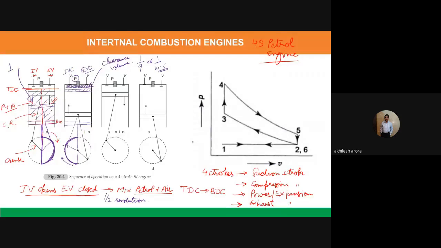Though the temperature after the compression is quite high, it is not so high that auto ignition can take place. So what we need is a spark plug here, which is denoted by the symbol P. So this is the spark plug.